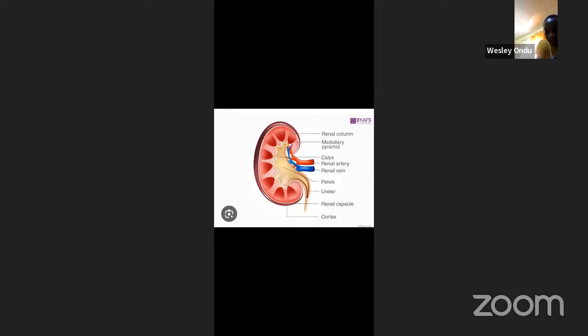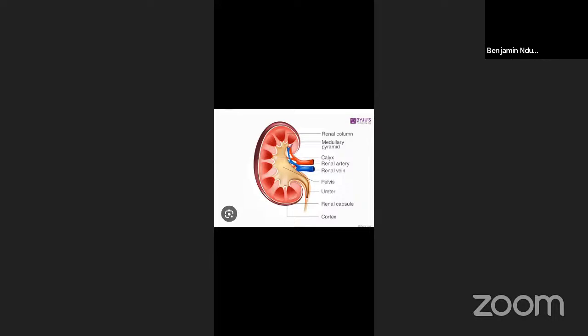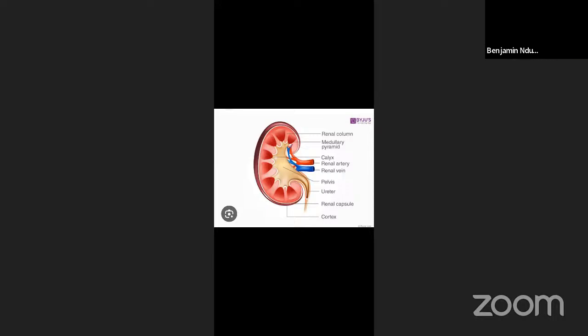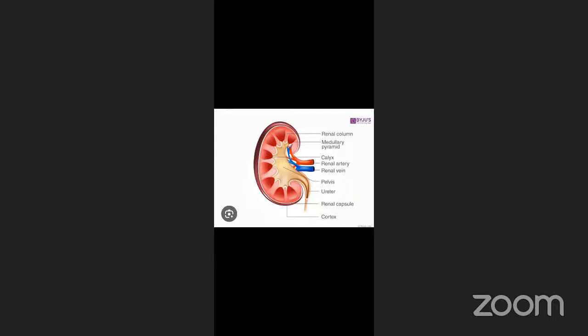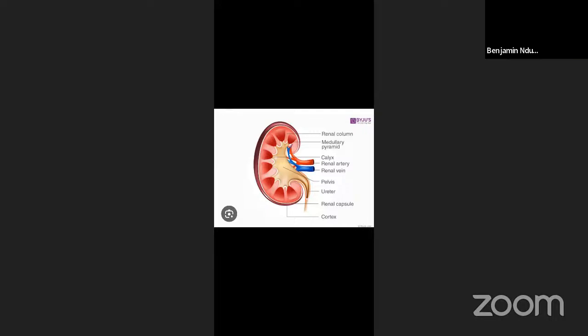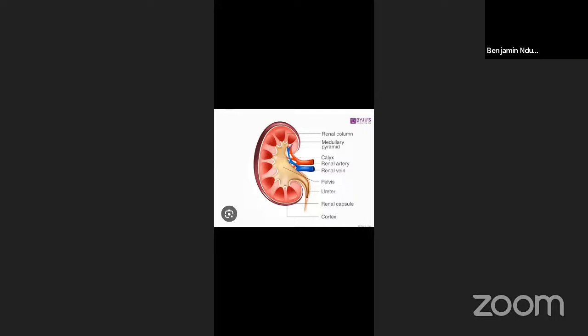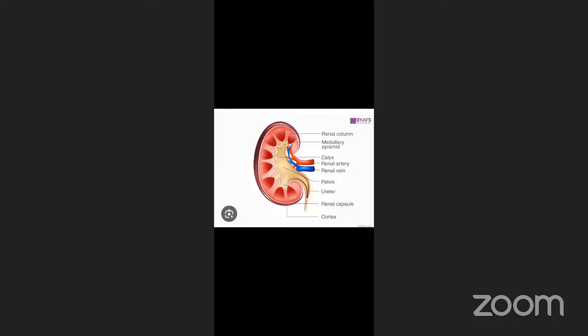The nitrogen part is converted to urea in the liver. Sheldon Wandati, please help.